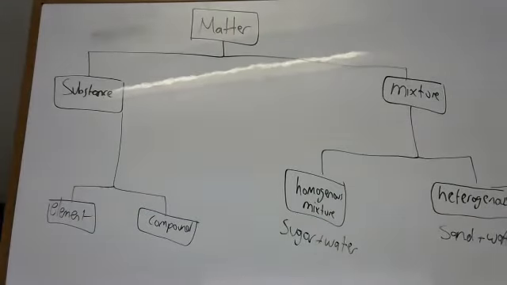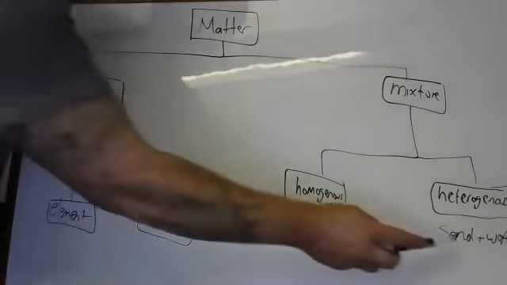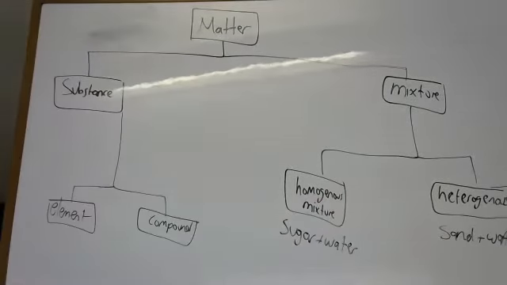Heterogeneous mixture would be sand and water. We have two distinct phases here, and there would only be one phase there. So that is all I'm going to do on that.